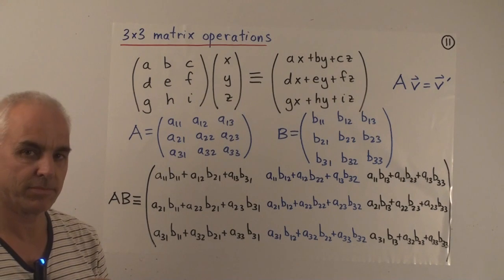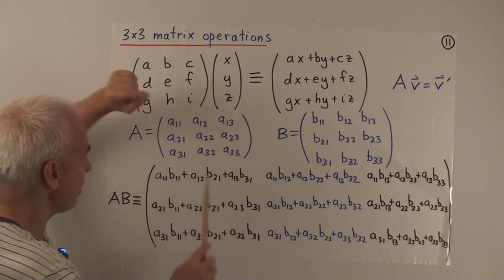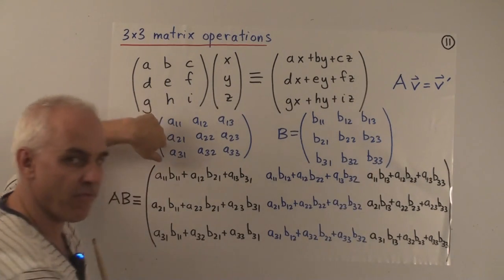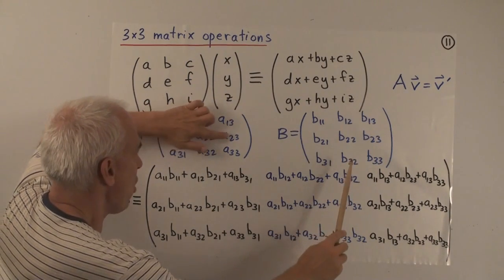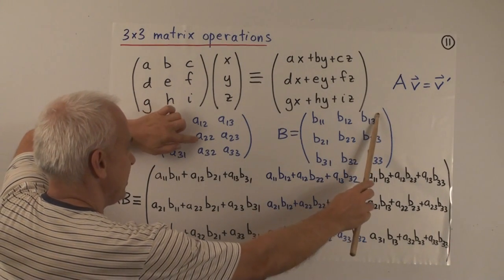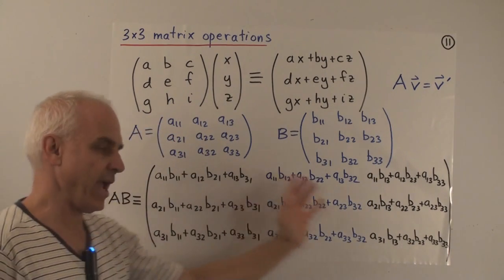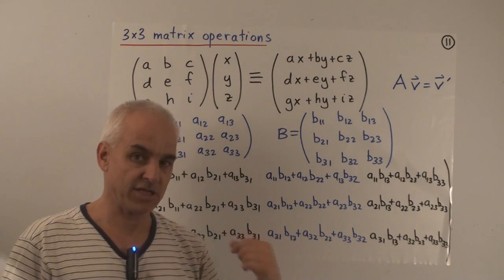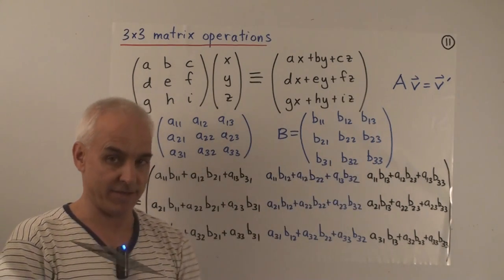This entry is obtained by only using the second row of the matrix A and the third column of the matrix B. It's just this row times this column, by which I mean this times this, plus this times this, plus this times this. And that holds for any entry. The entry in the ith row and jth column is just the product of the ith row of this times the jth column of that.